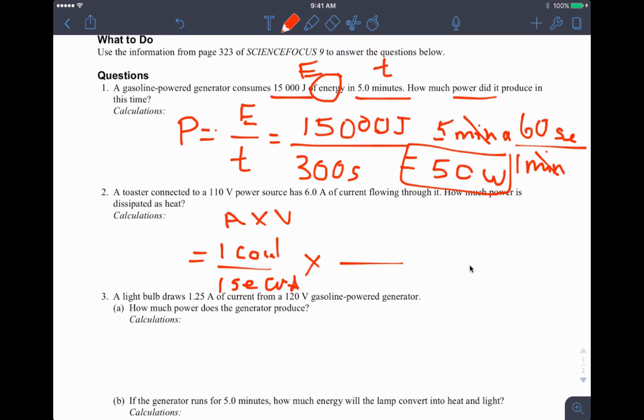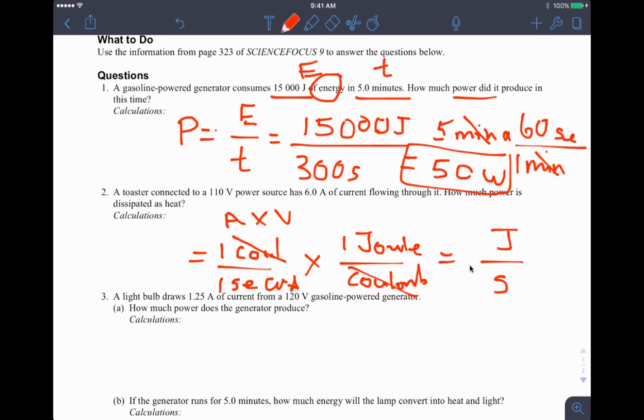But if we multiply that by a volt, which is a joule per coulomb. Okay, so when you multiply an amp times a volt, there's coulombs in the top and coulombs in the bottom. So they both cancel out. And you're left with a joule per second. Look at that. What is a joule per second? I know you're just learning this. That's a watt.